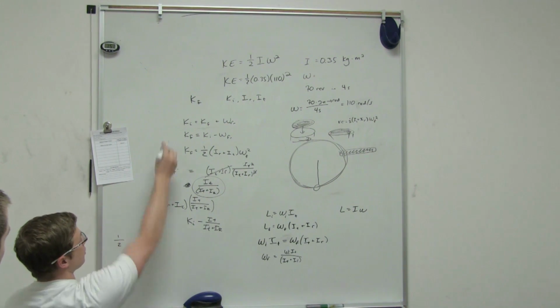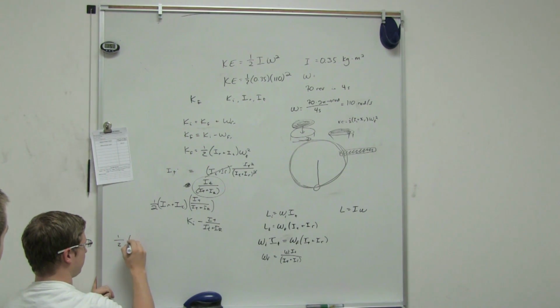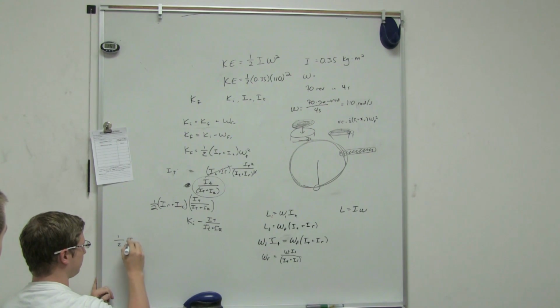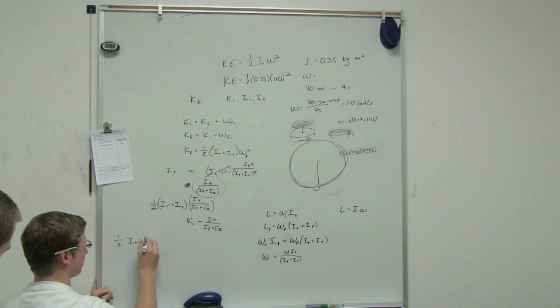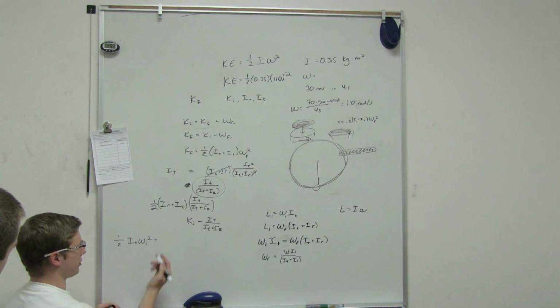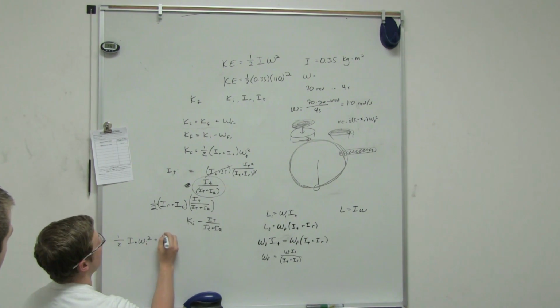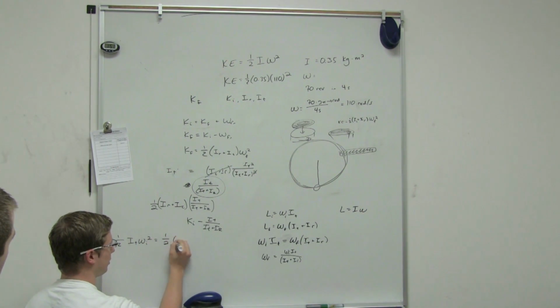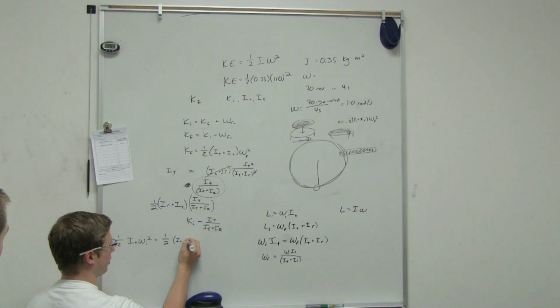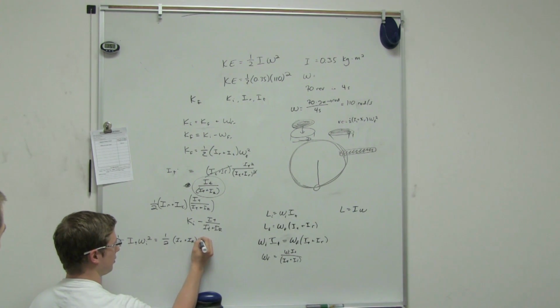the initial kinetic energy, which is 1/2 I_T ω initial squared, equals the final 1/2 (I_T plus I_R).